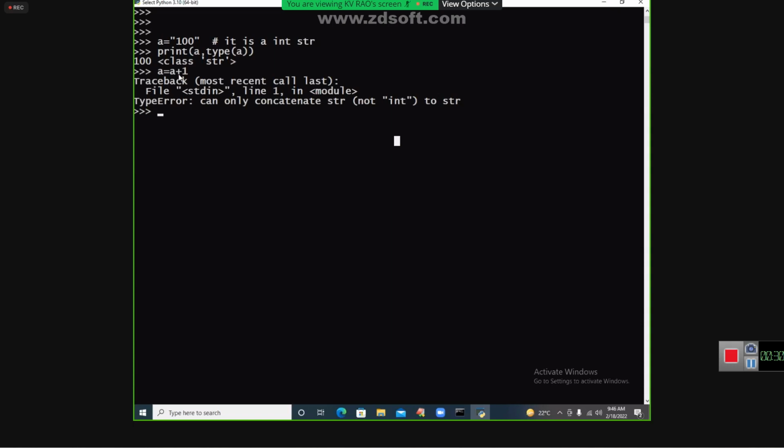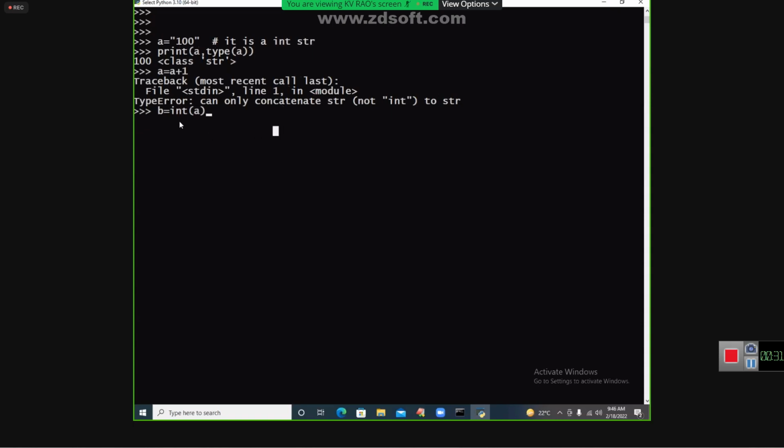But it is an int string value, and I want to add one to it. It is not allowing me. Definitely I have to convert this a value into int type. So how will I do it? b is equal to int of a. Actually, a is a numerical value only, written within double quotes, so it is called int str.